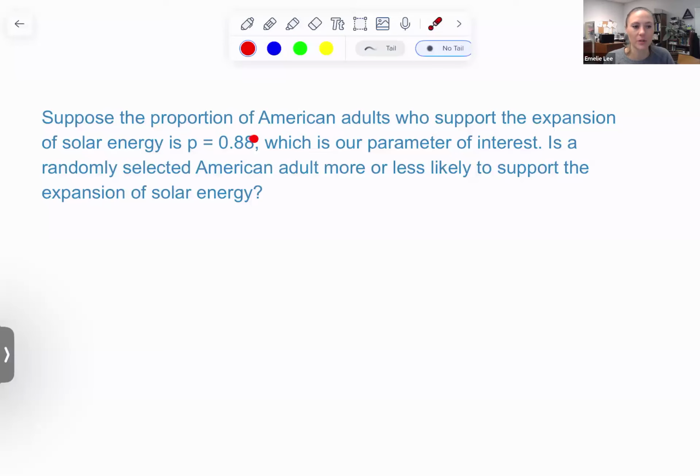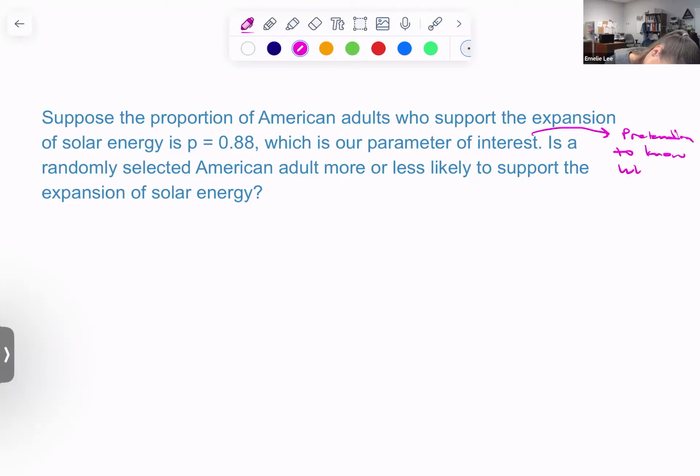So suppose the proportion of American adults who support the expansion of solar energy is 0.88. This is our parameter of interest. Now, in this scenario, we're pretending to know the population, just like we are in the lab later. And so we're pretending to know what the population looks like.